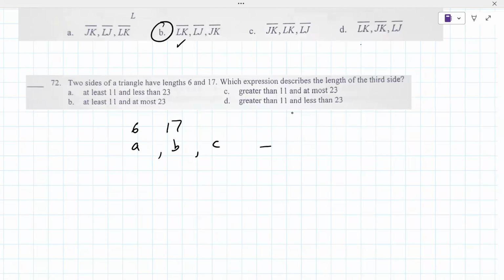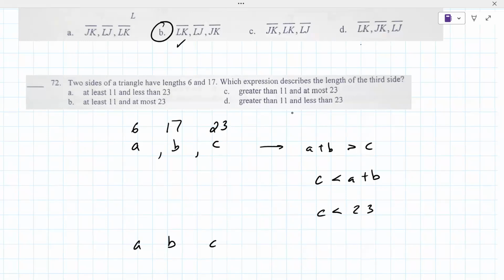So A plus B has to be greater than C. The other way to look at this is that C is really less than A plus B. So when you add them together to get 23, C has to be less than 23. That's thing one, and that gets you down to two answers.